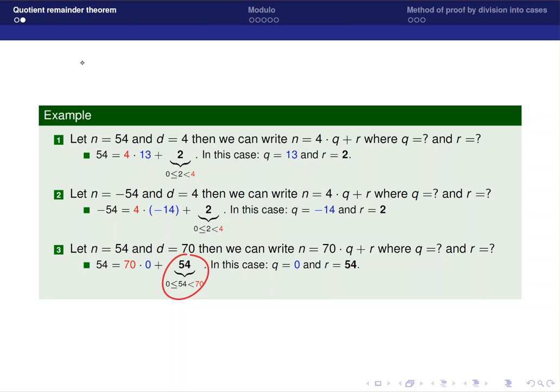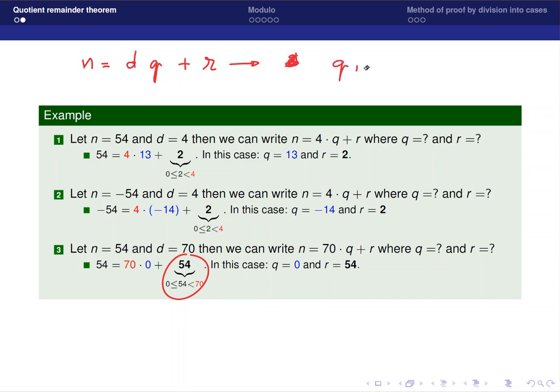Generally speaking, n is equal to d times q plus the remainder r, and the special thing about this is the following. The divisor is typically an integer, so it could be positive or negative, but we don't really care about it so much.